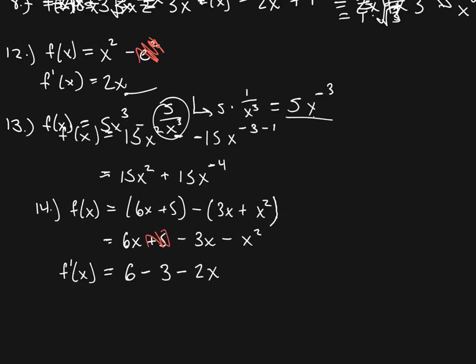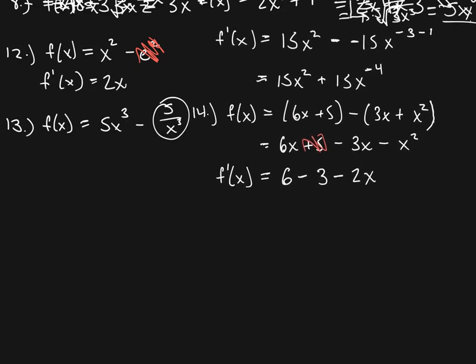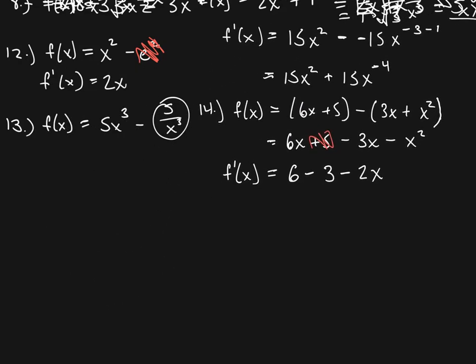All right, so I'm going to shift this over here. And so this, we can simplify. We get 6 minus 3. That's just 3 minus 2x. So there is our answer for problem 14.